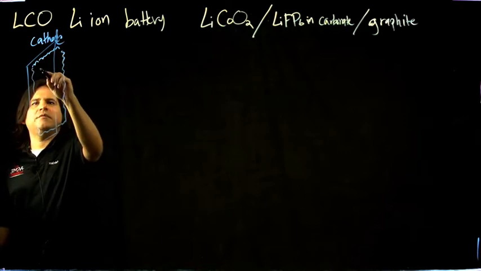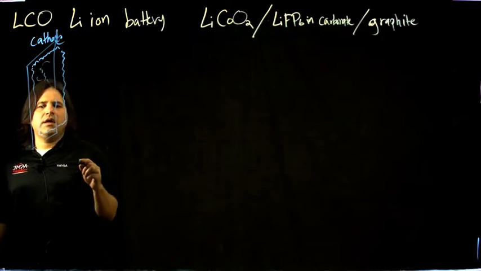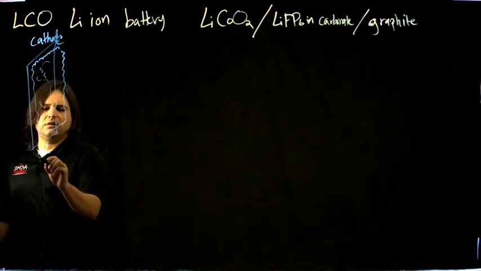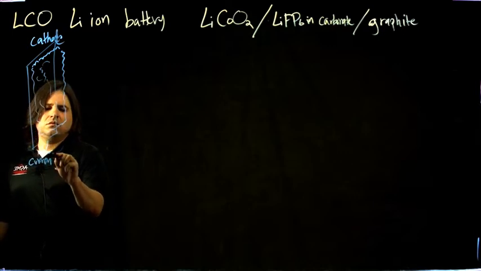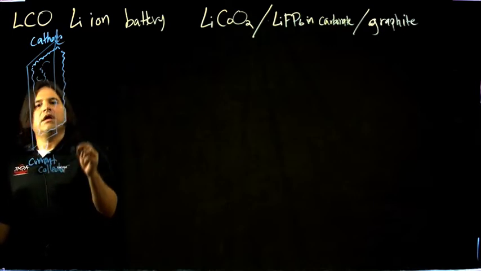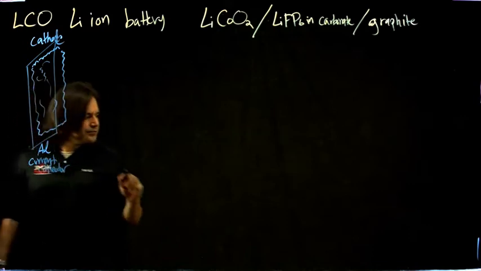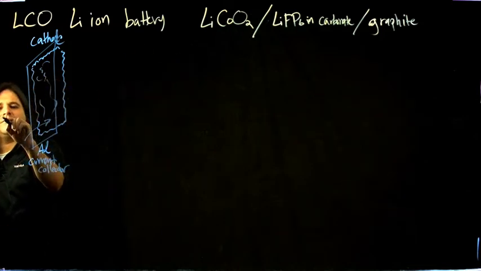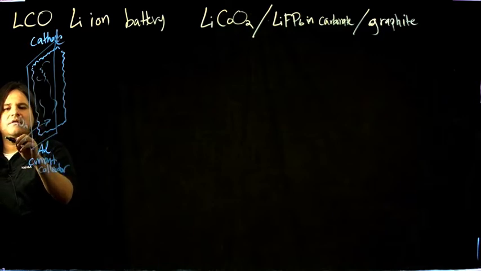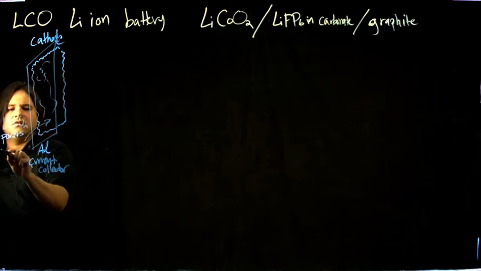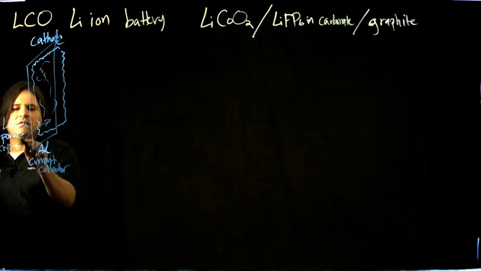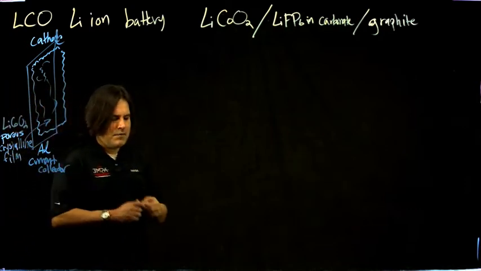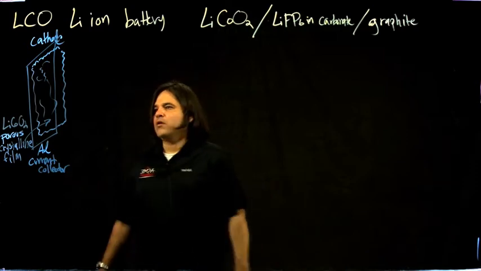It has an aluminum current collector, and it has a layer, a porous film of this crystal, this lithium cobalt oxide, a porous crystalline film. So that's the cathode.